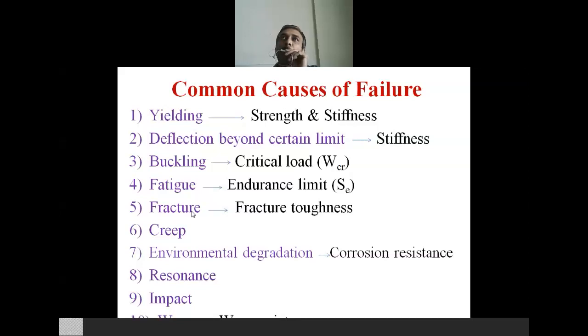But what happened in World War II was an interesting phenomenon for scientists. Generally in World War II, these ships, the German ships or American ships, when they were going into deep sea in the Antarctic area or Atlantic area, where the temperature was very, very low, almost a frozen temperature, were literally breaking into two parts from the center, and they were not able to analyze why this was happening. That was all because of cold temperature.